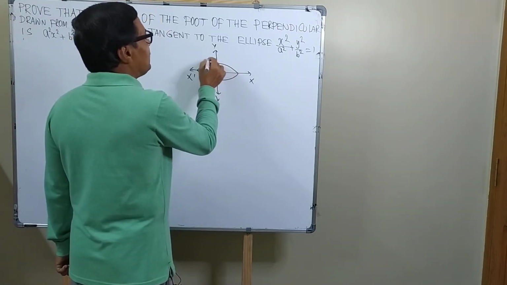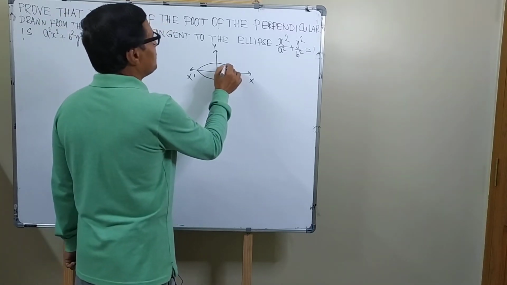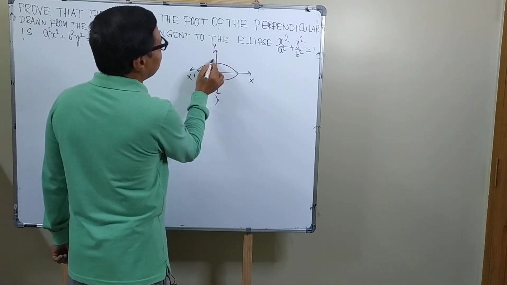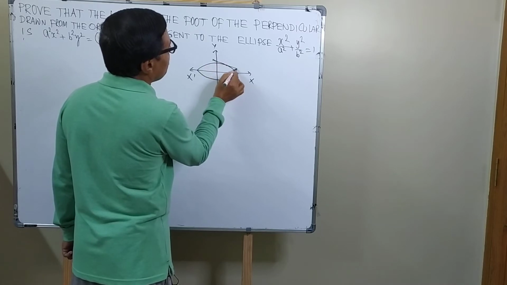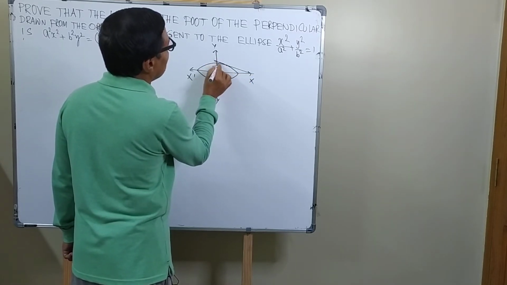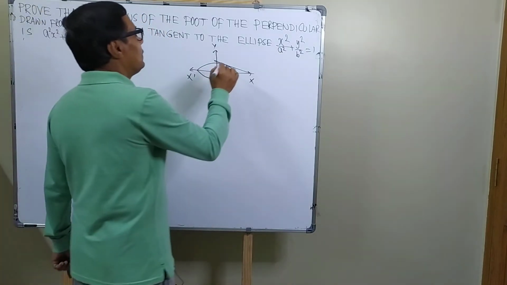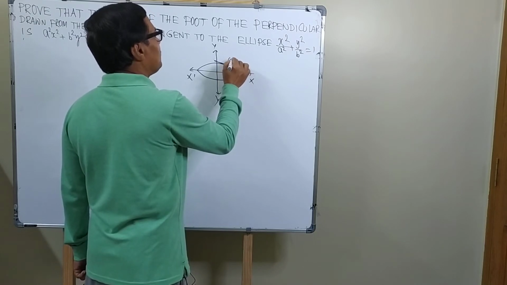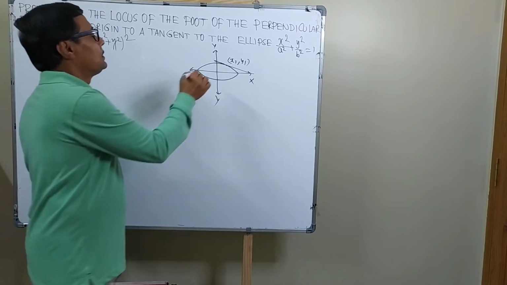a tangent. At first we draw a tangent to this ellipse at point x1 y1. Suppose this is the tangent. Point of contact can be taken as x1 y1, and this is the origin.